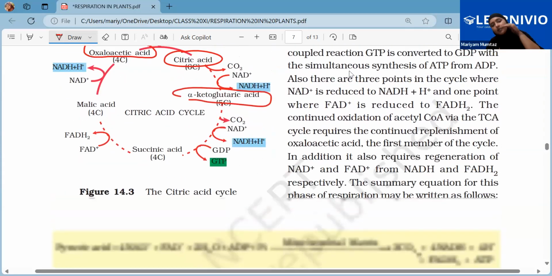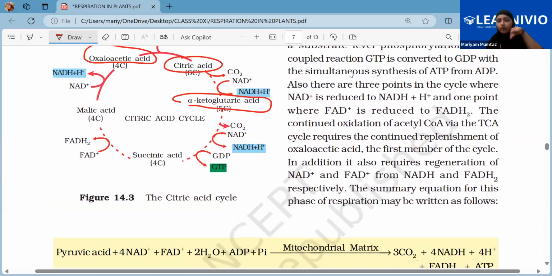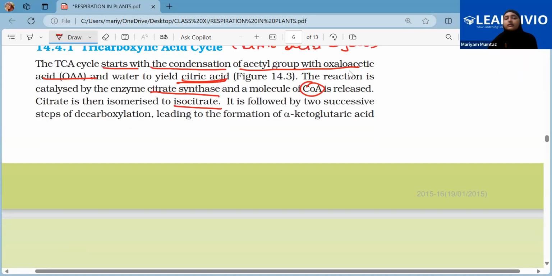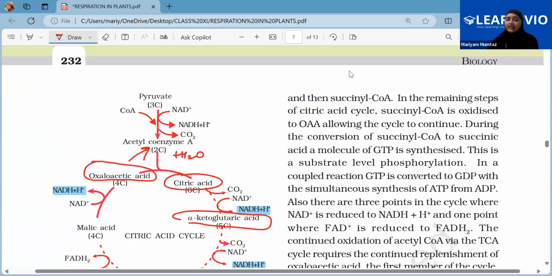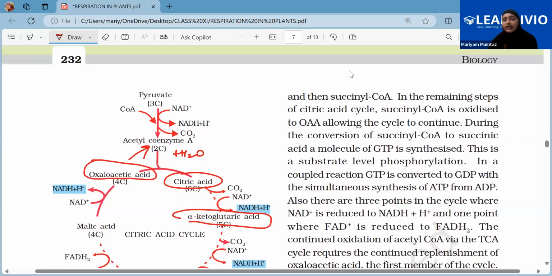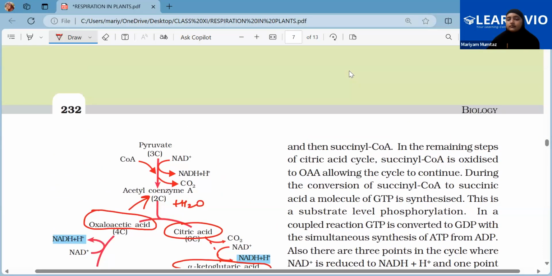See, these are the sub-molecules that are formed during the whole entire cycle. They have to be formed. Now, it is followed by two successive steps of decarboxylation, leading to the formation of alpha glutaric acid. And then from alpha glutaric acid, it forms the succinic acid. From succinic acid, it will form succinyl coenzyme A.